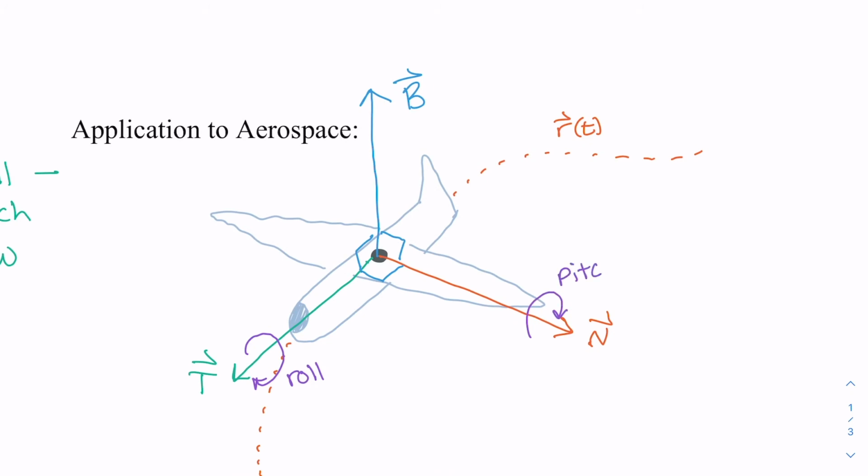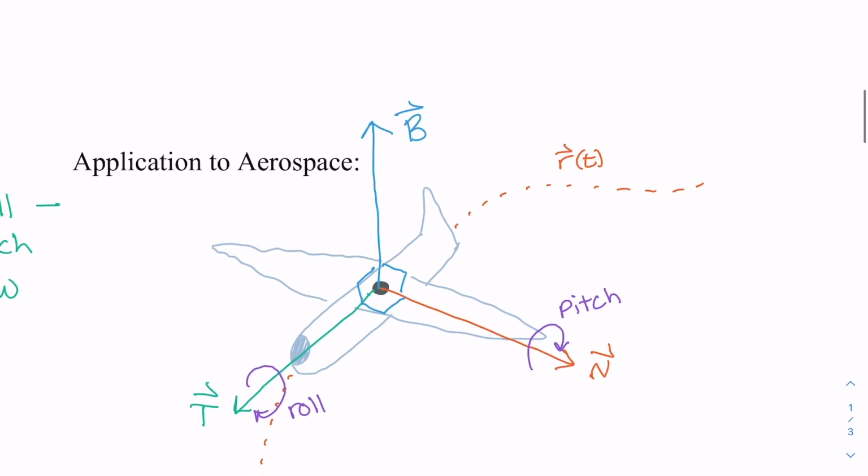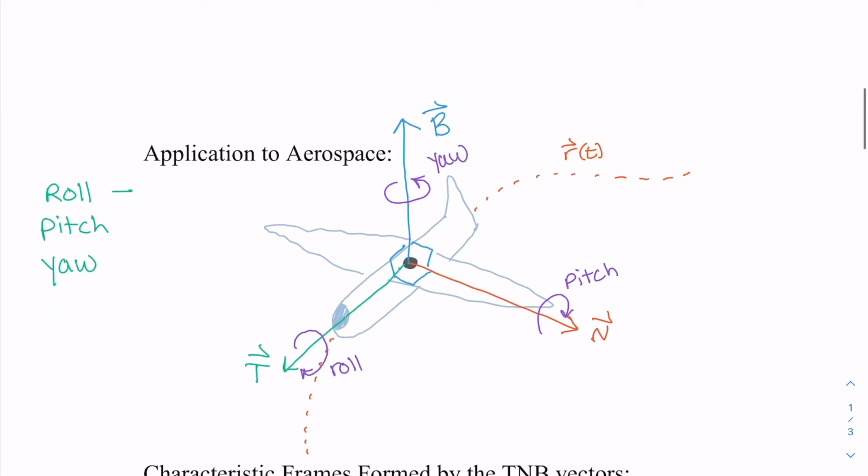And then yaw is its side-to-side movement, which is rotation around the unit binormal axis. And so this is yaw. And so in flight school and learning how to fly a plane, you learn about these three principal axes that are the TNB frame, a local coordinate system that can help you navigate flight.